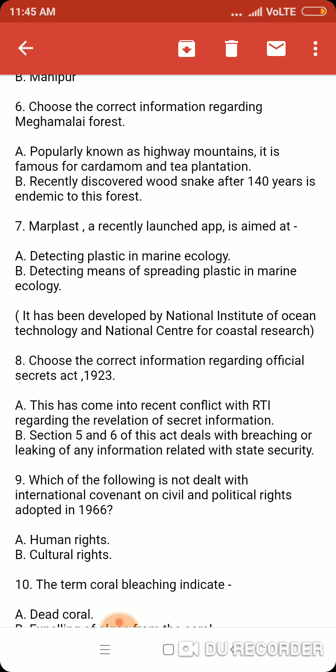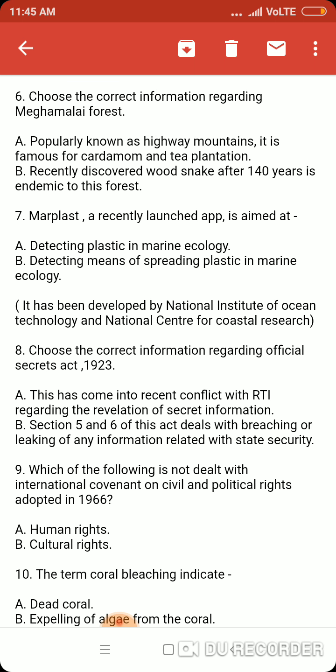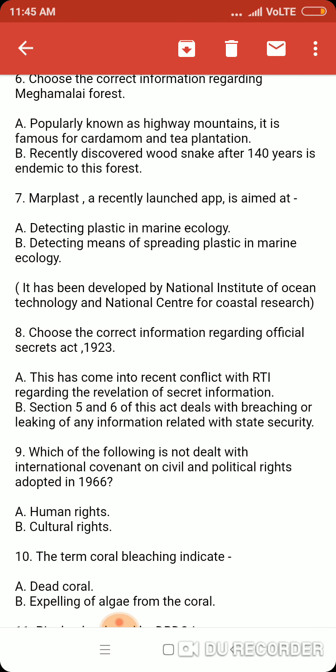Long before, a British naturalist discovered the snake, and after many years, it has been detected again in this area. That's why it is your duty to find out where Meghamalai forest is. Popularly known as the Highway Mountains, it is famous for cardamom and tea plantations. Correct. The recently discovered wood snake, after 140 years, is endemic to this forest.